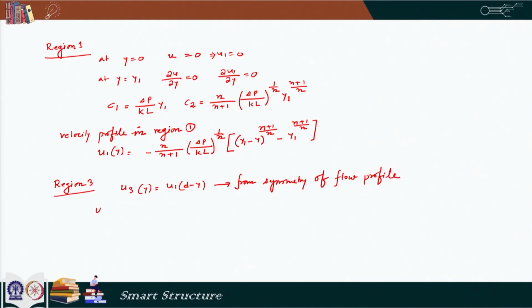Now, if that is so, then our expression for u 3 is minus n by n plus 1 into delta p by k L to the power 1 by n multiplied by y minus y 2 to the power n plus 1 by n minus d minus y 2 to the power n plus 1 by n.